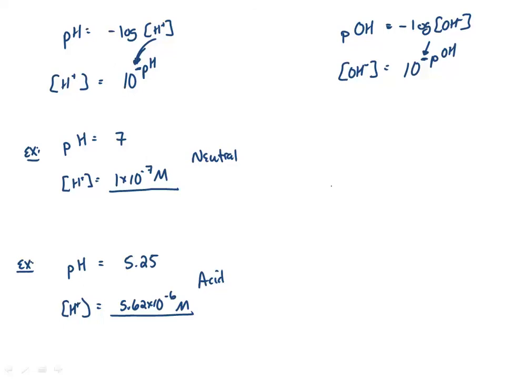So the formula is 10 to the minus pH. That means that when you type it into your calculator, you've got to type in that negative sign, because the pH is really 5.25 and the formula says 10 to the negative of that number.